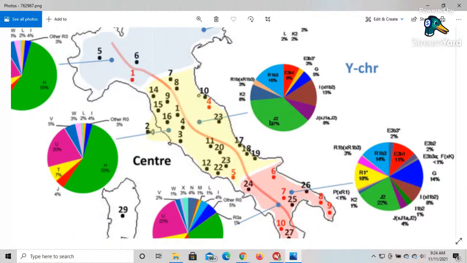But in central Italy, now we have 8% K, which is the original population. So the original population of Tubal, descendants of Tubal, 8%, which is a significant population, still live in Italy.